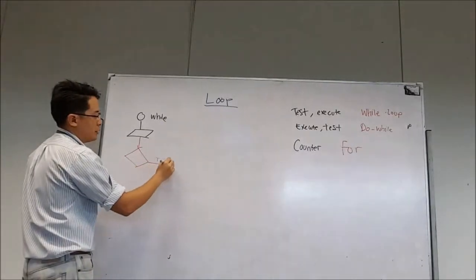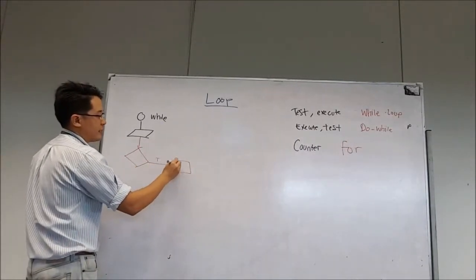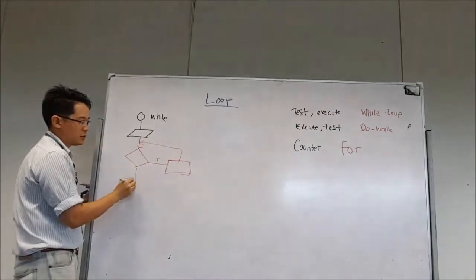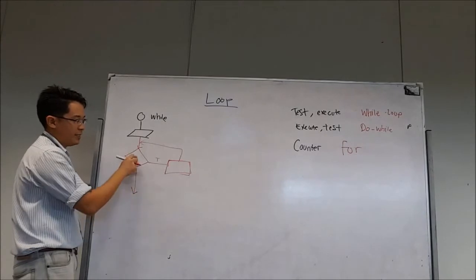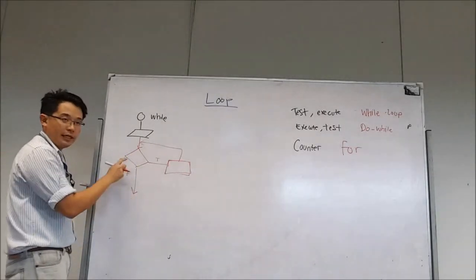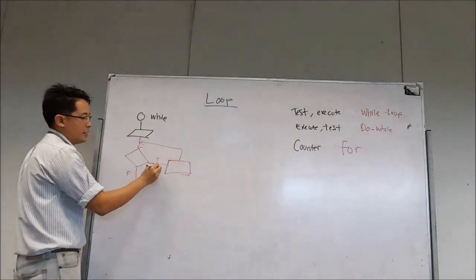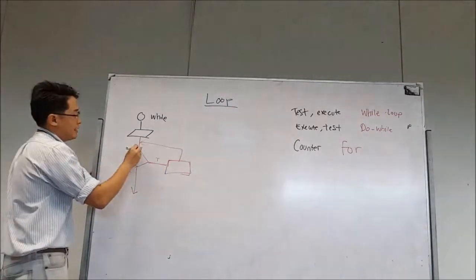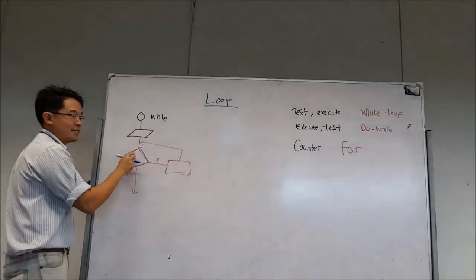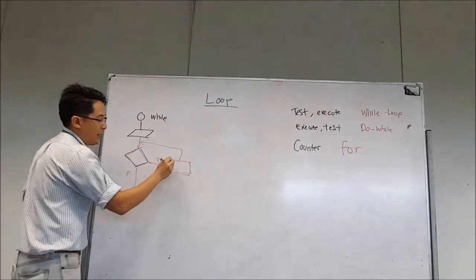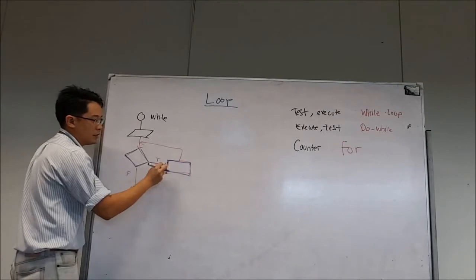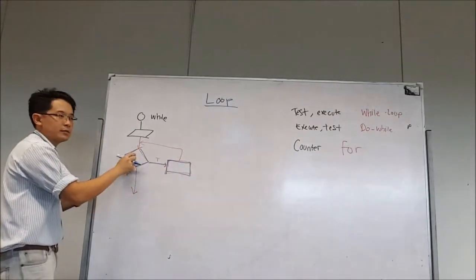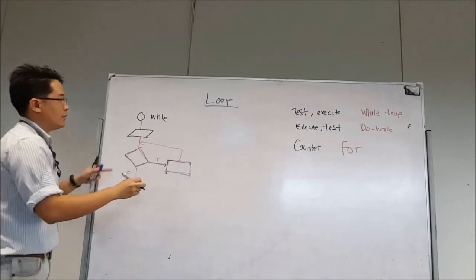If true, you execute some process and go back. If false, leave the loop. The important part is you test first, then only you execute. You must test first. Execute, repeat. Now this is while.